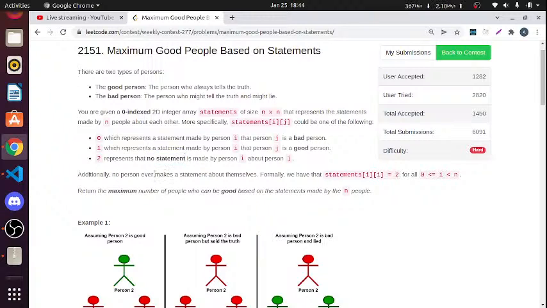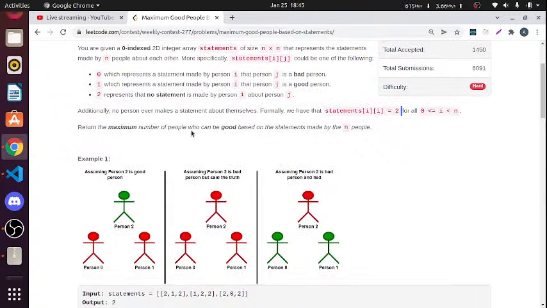In addition, no person ever makes a statement about themselves. Return the maximum number of people who can be good based on the statements made by the n people.